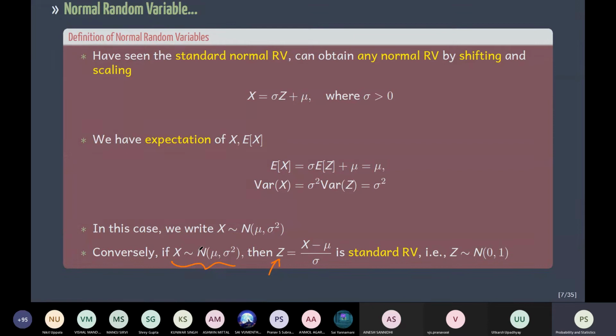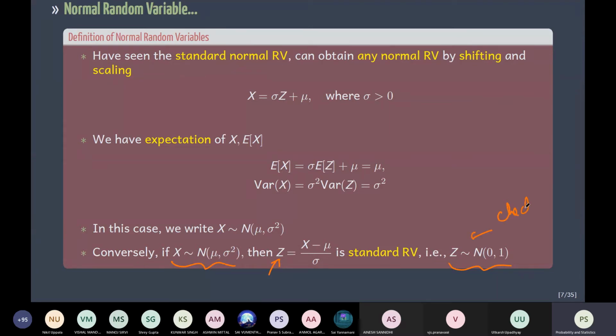If someone gives you a normal, then you can translate this into standard normal by doing this proper scaling and shifting. You can prove that after doing this, using the linearity of expectation, the expectation of Z will become 0 and the variance of Z will be 1. So I leave this as an exercise.